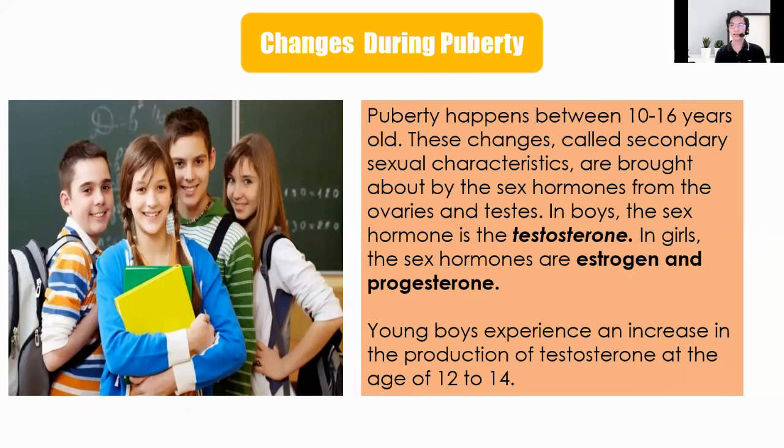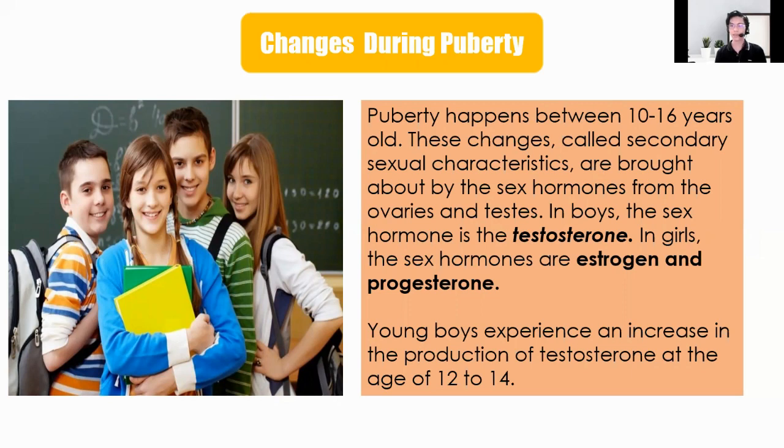These changes, called secondary sexual characteristics, are brought about by the sex hormones from the ovaries and testes. In boys, the sex hormone is testosterone. In girls, the sex hormones are estrogen and progesterone.